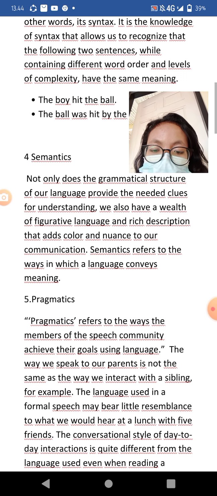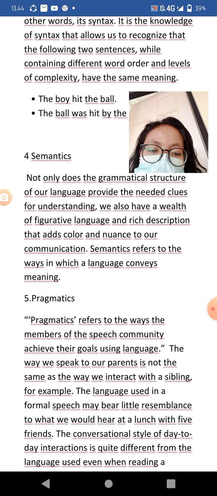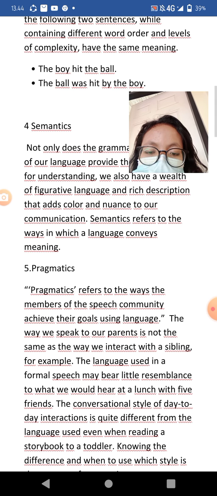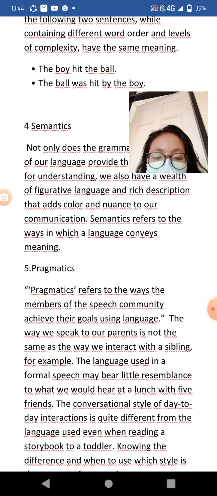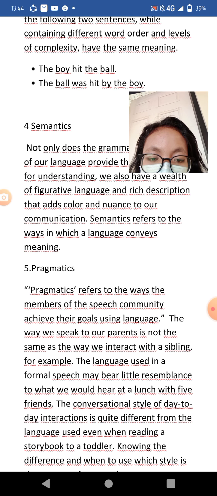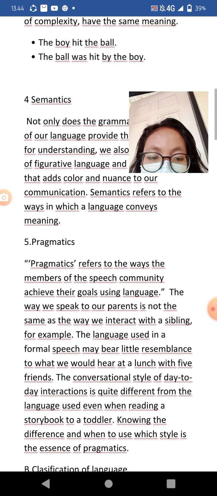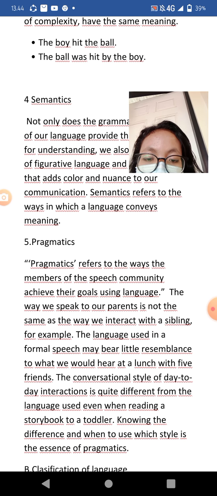Number five, pragmatics refers to the ways the members of the speech community achieve their goals using language. The way we speak to our parents is not the same as the way we interact with a sibling, for example.